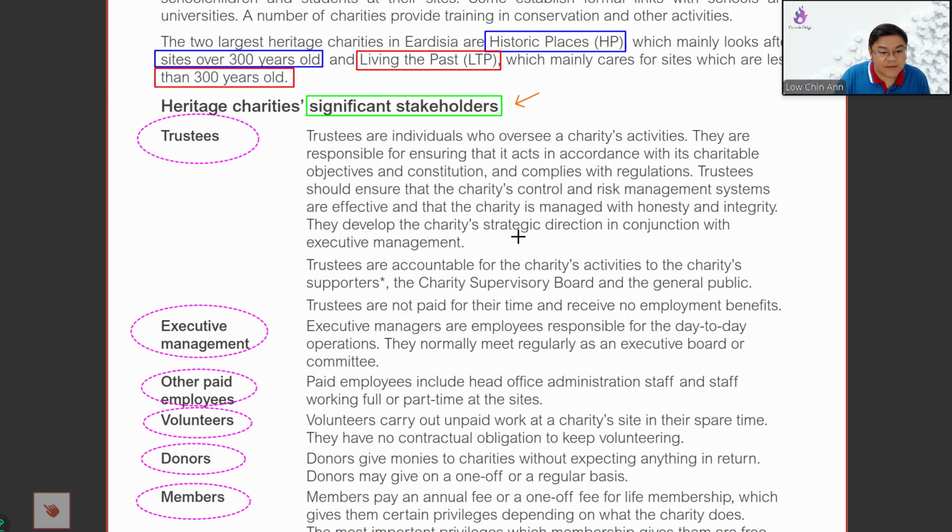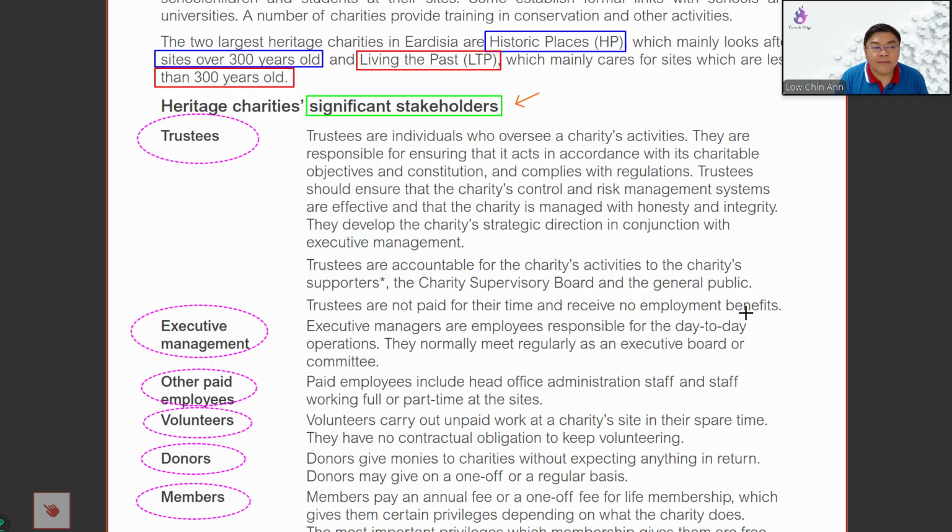They develop the charity's strategic direction in conjunction with the executive management. The trustees are accountable for the charity's activities to the charity supporters. They put an asterisk there, charity supervisory board and general public. Trustees are not paid for their time and they receive no employment benefit.